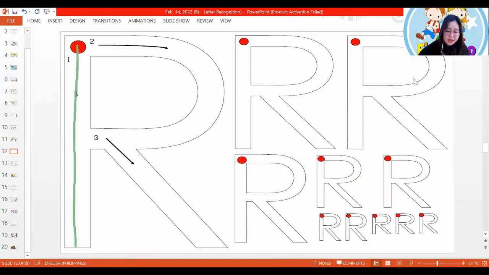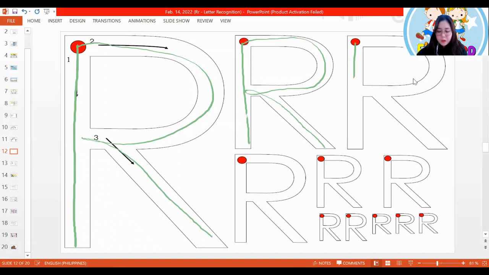So let's make our different sizes capital letter R. And what do we do before we start working? We start by, very good, tracing our name first. We have to trace our name.